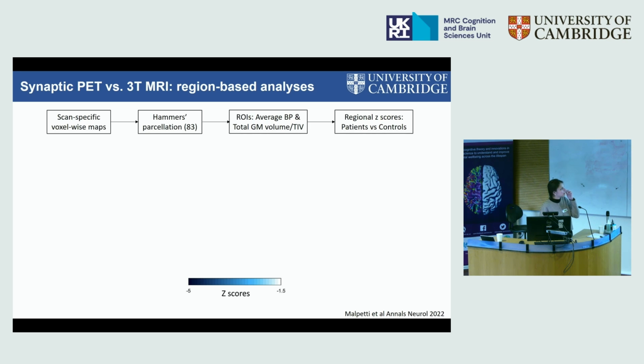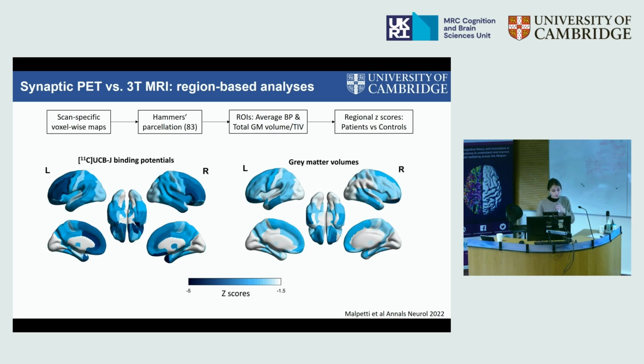Then we calculated the regional z-scores for each technique, comparing patients versus controls. As you can see, again, UCBJ PET showed a more extended pattern and more severe loss in comparison to controls than gray matter volumes.